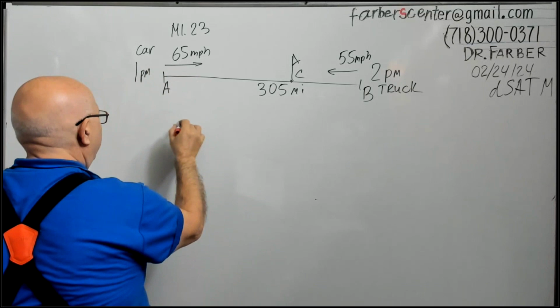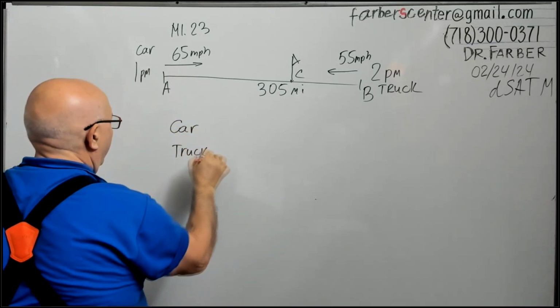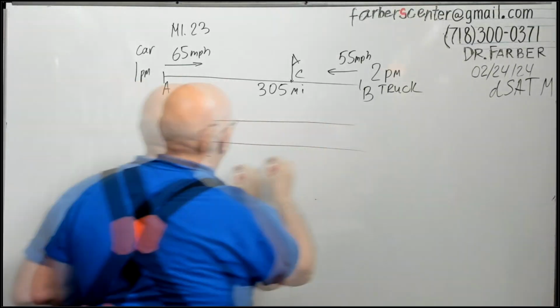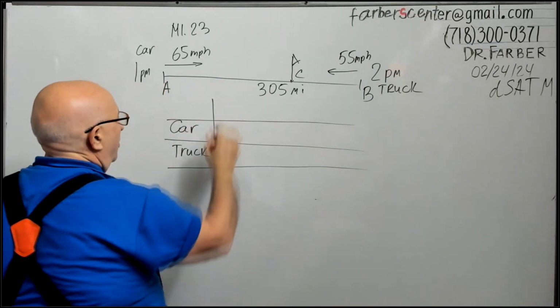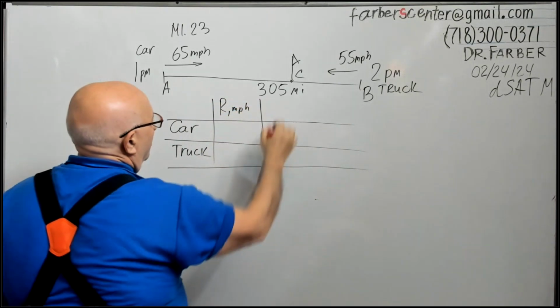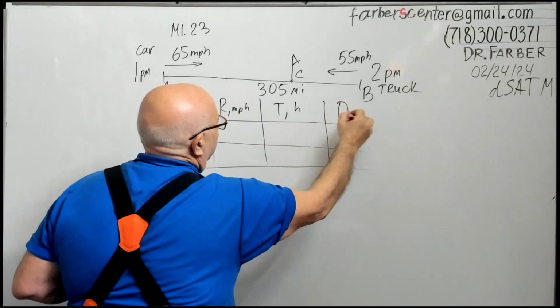We have a car and a truck, two objects, and the properties: rate in mph, time in hours, distance in miles.